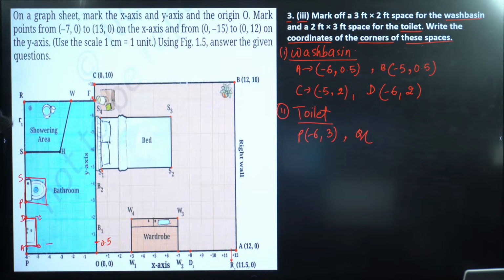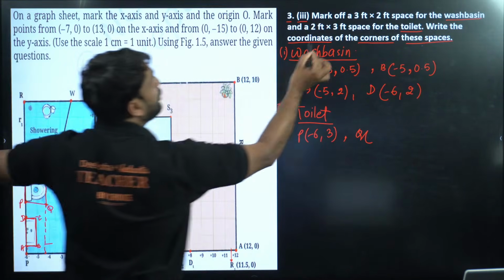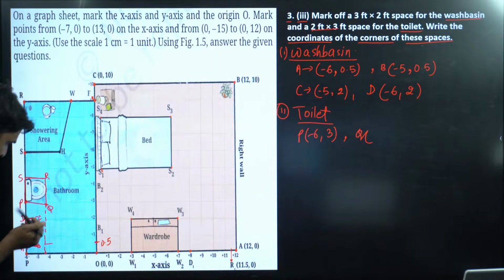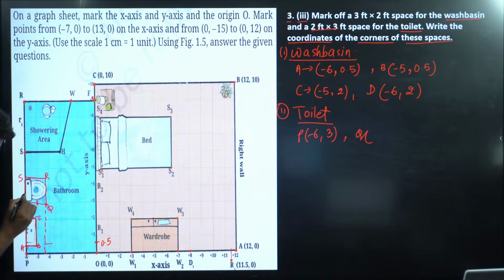If we take this point here, we are getting 4.5, this point Q and this point R, because the question is saying 2 cross 3, 2 part, and this is 3 part, 1 2 3.